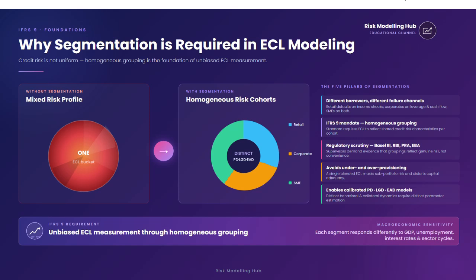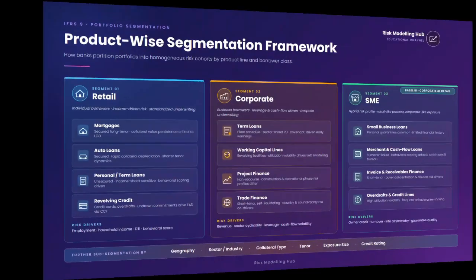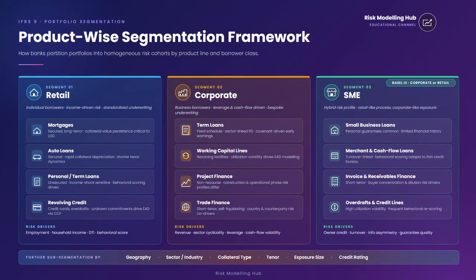And finally, distinct segments allow for separate PD and LGD models that capture each group's unique risk parameters accurately. So, the bottom line is that segmentation delivers unbiased ECL measurement. Each segment responds differently to economic factors like GDP changes, unemployment, and interest rates, making your risk models more precise and compliant.